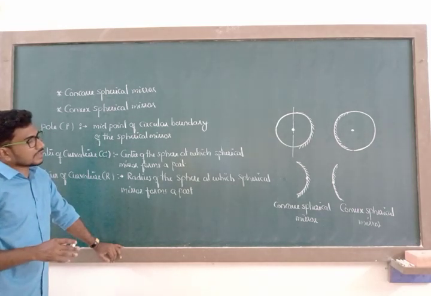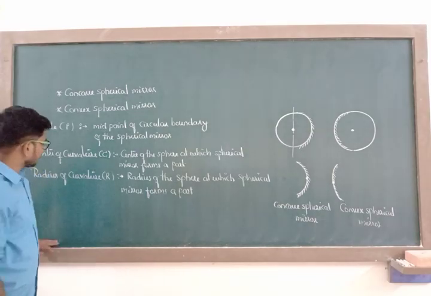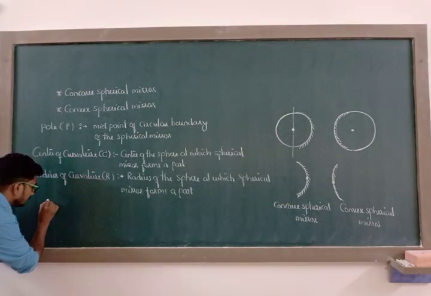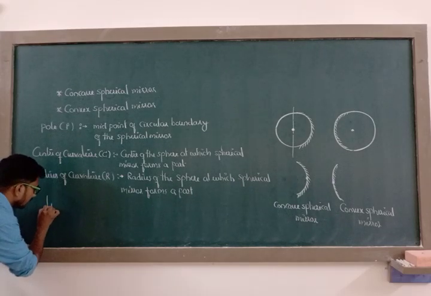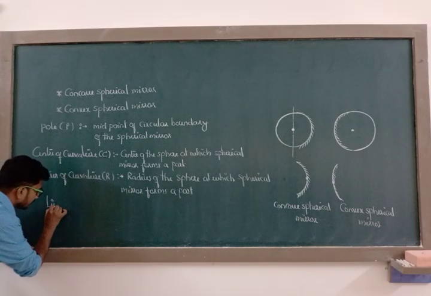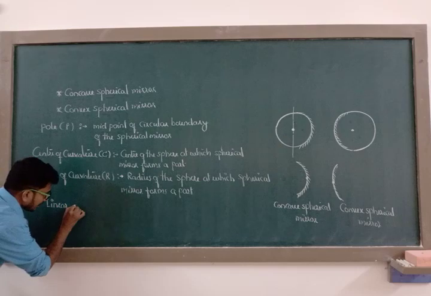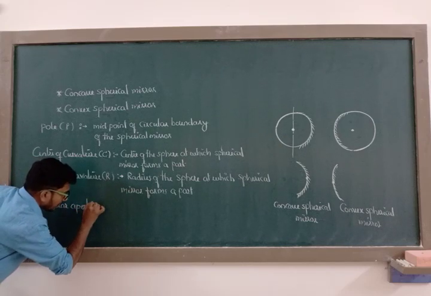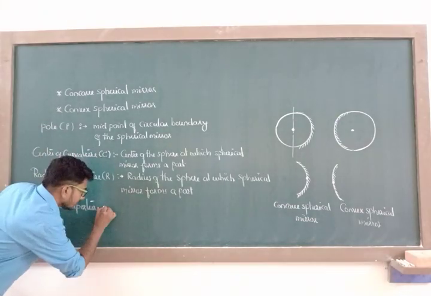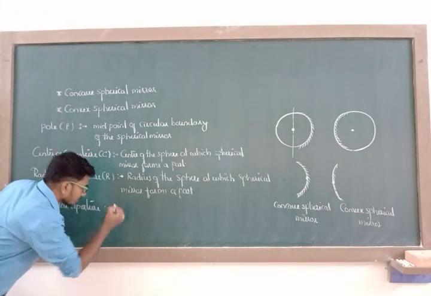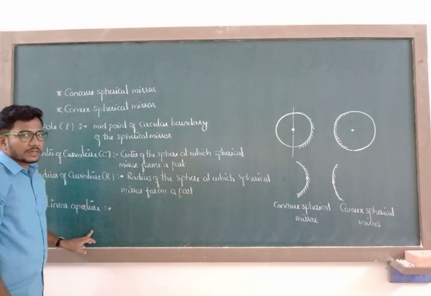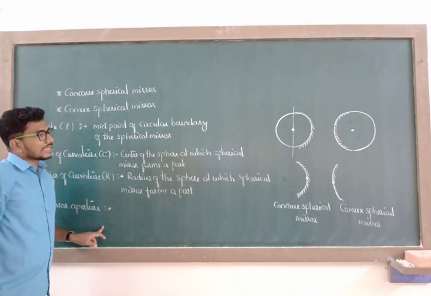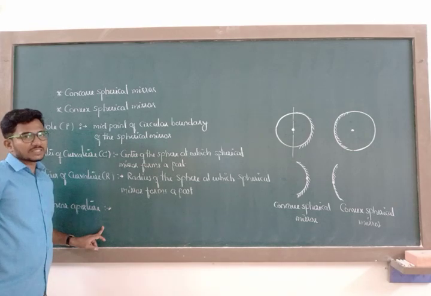Then linear aperture. So here linear aperture is nothing but the diameter of circular boundary of the spherical mirror.